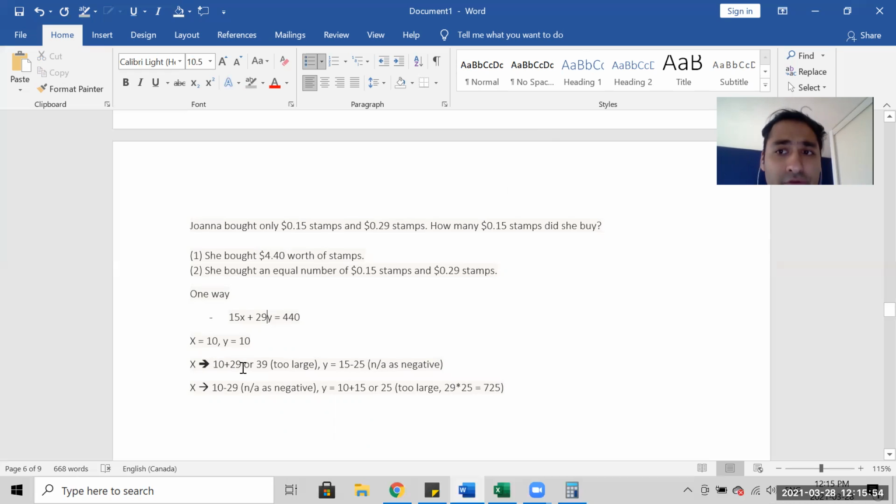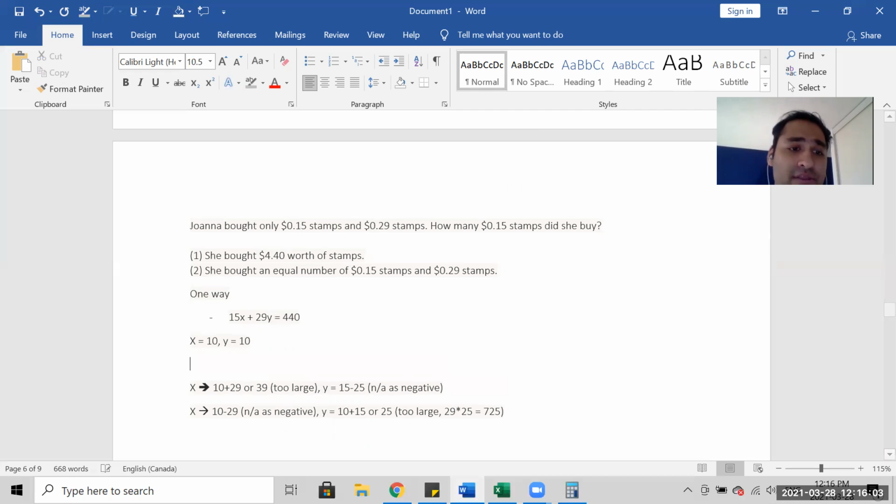Using the trend that I picked up from somebody else, I can check without doing any mental math or analysis. The other way it can only work is if 10 plus 29, because 29 is the coefficient of the y value, which is 39, and y would have to drop by 10 minus 15, or minus 5.